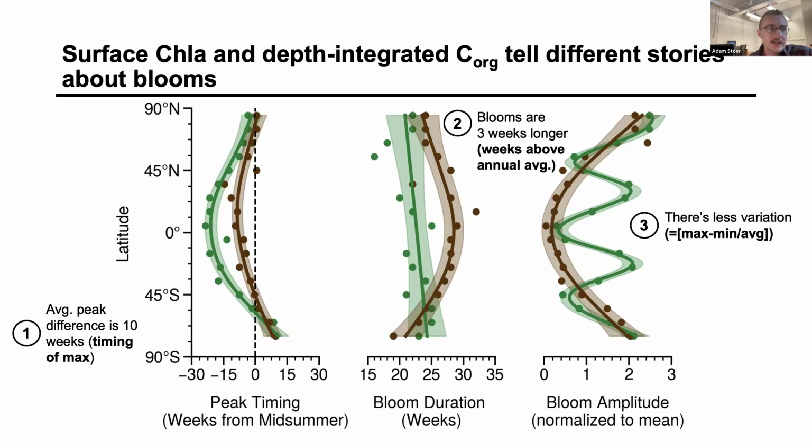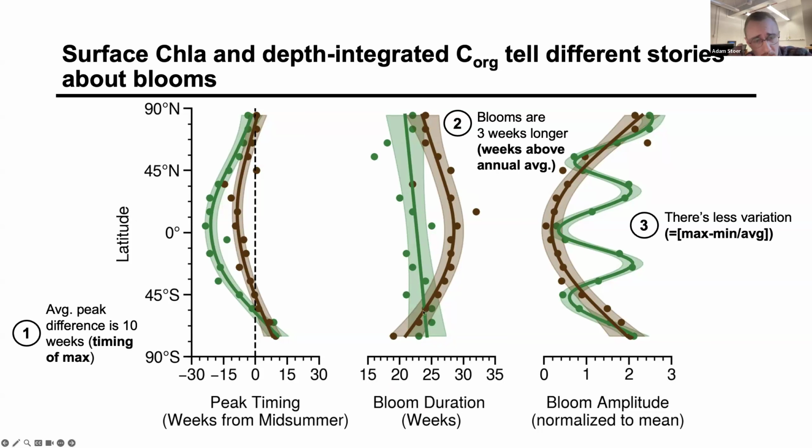We can also see that with bloom duration here, this middle panel, blooms that tend to last longer, at least relative to their annual average. There's different definitions of bloom duration, but the point here is that we don't get similar patterns.